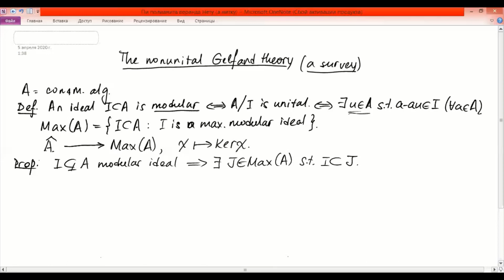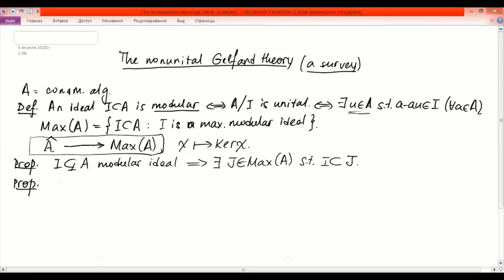Okay, now coming back to the above map from A hat to the maximal spectrum. First of all, we can observe that it is always injective, precisely as in the unital case. And if we assume now that A is a Banach algebra, then we have the following result.